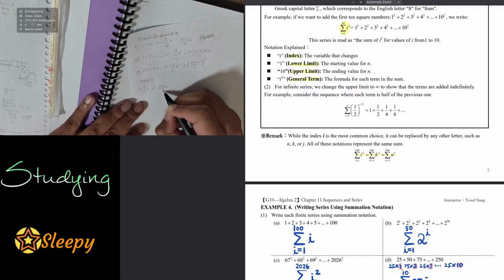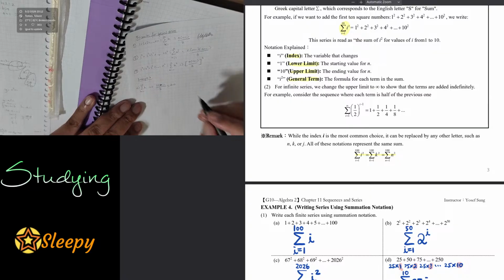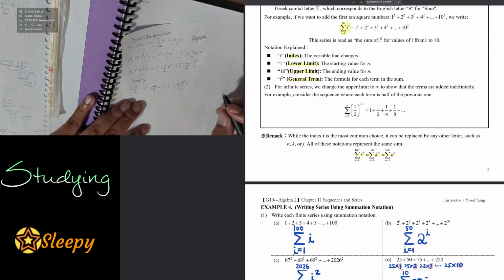And times... B is 100K squared and K is 1. So the sum is 100 times 101 divided by 2, to the power 2.